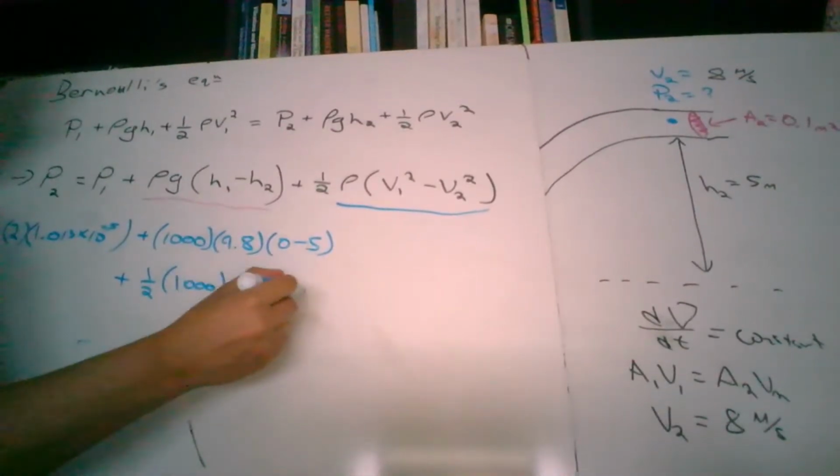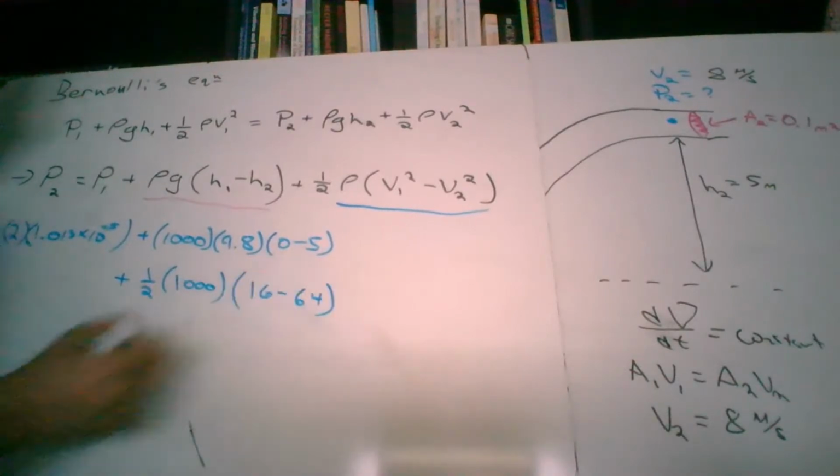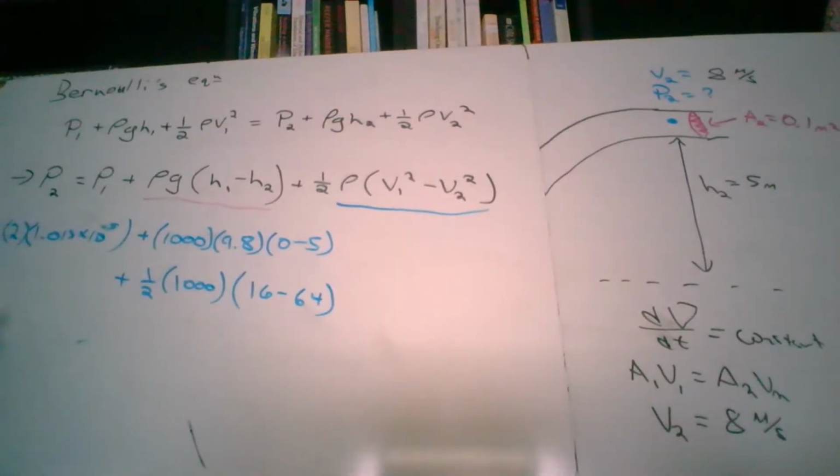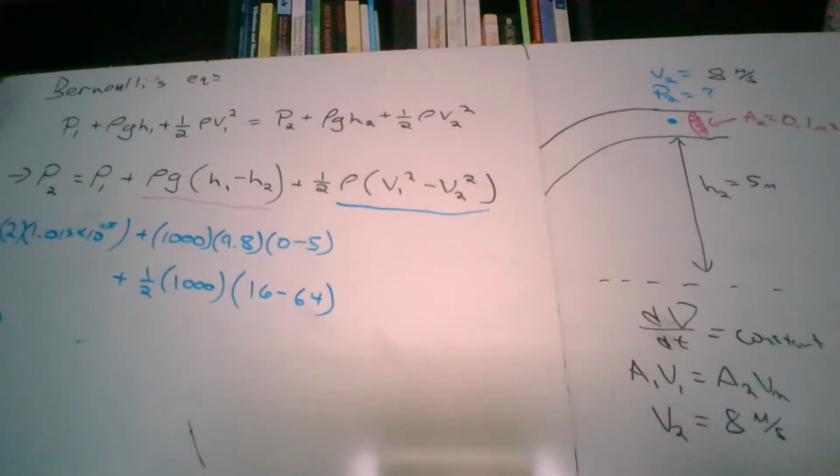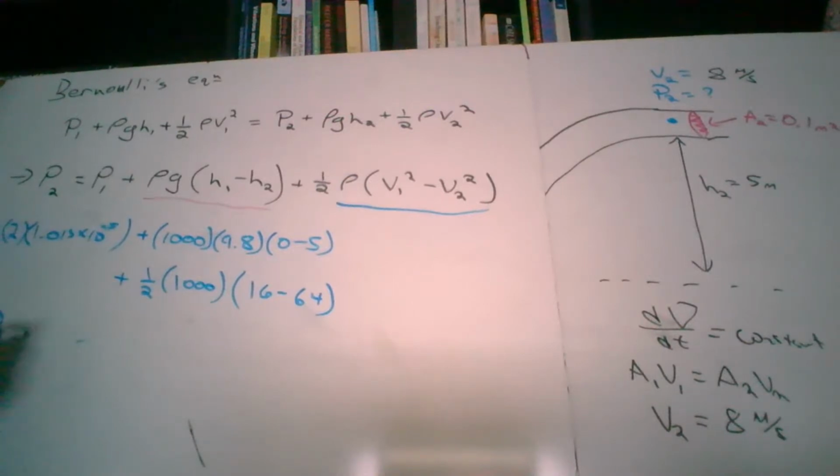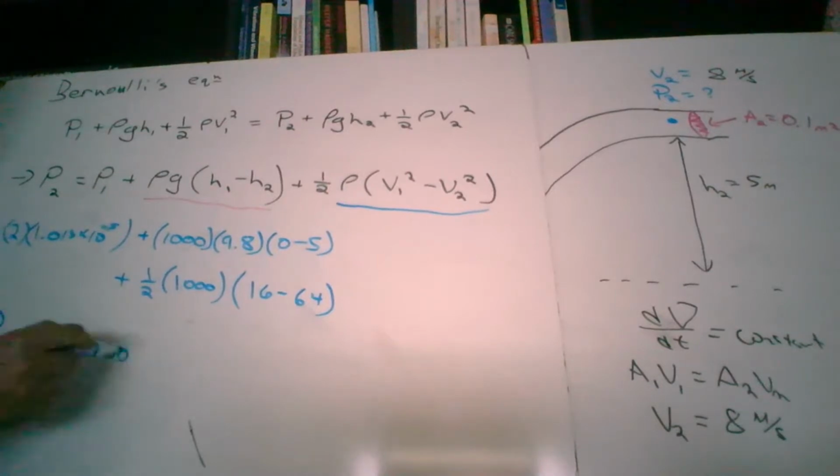So 8 squared is 64. And then we just solve for P2. P2 is equal to 129,600 pascal.